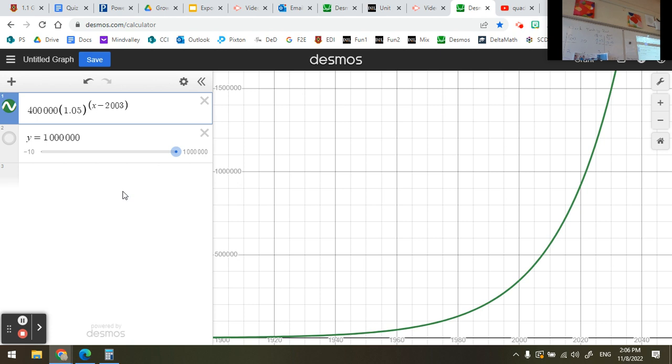When will this population blow up and go way off the page? Now, notice how fast this population is growing at only 5% growth. And think that during the pandemic, Collingwood was growing at about 13%. 13% doesn't sound like much. This is 5%. 13% is explosive growth. It's not sustainable.